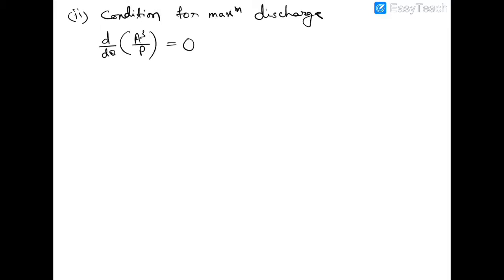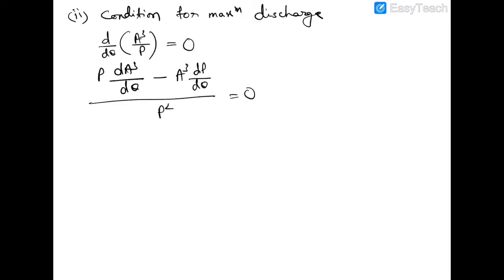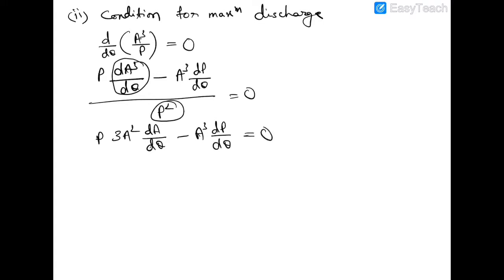Differentiating this A cube upon P, we will have (P d(A cube)/d theta minus A cube dP/d theta) divided by P square is equal to 0. Differentiation of this one will be (P 3A square dA/d theta minus A cube dP/d theta), this P square will be 0, that is equal to 0.